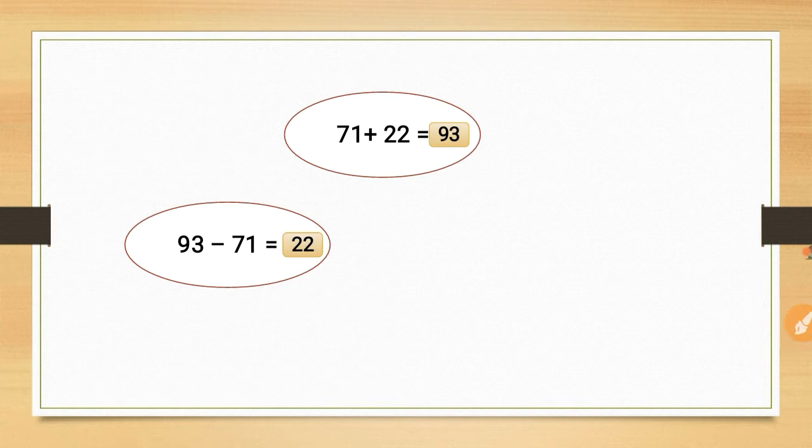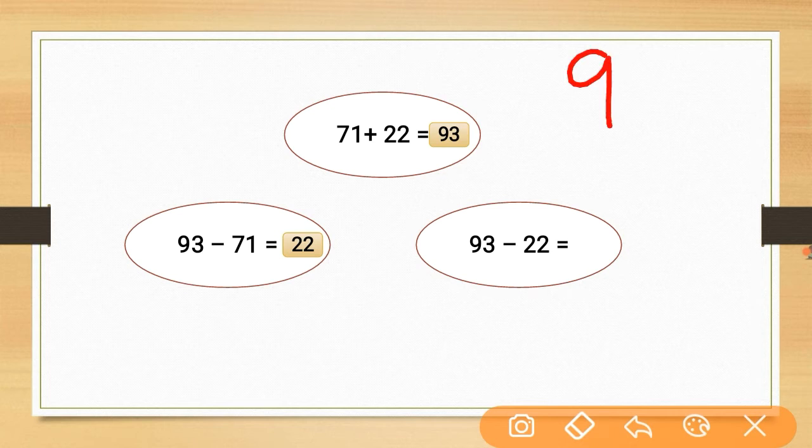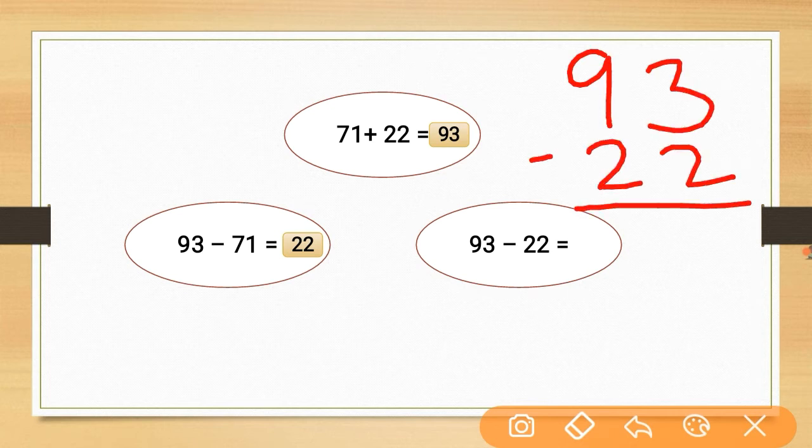So let us make another example of subtraction. 93 minus 22. So let us subtract it. 93 minus 22. 3 minus 2 is 1. 9 minus 2 is 7. So what answer do we get here? 71.